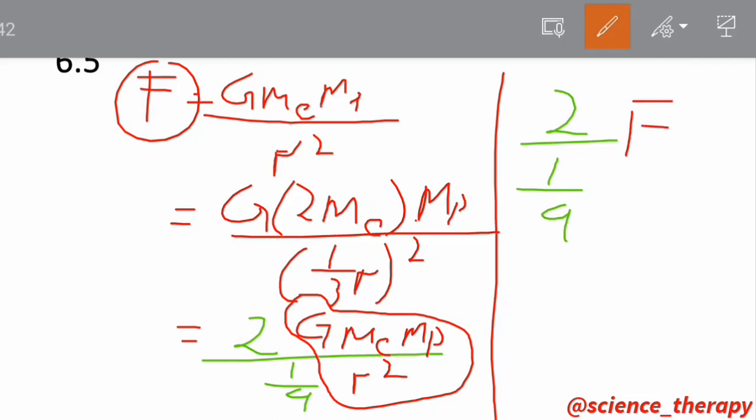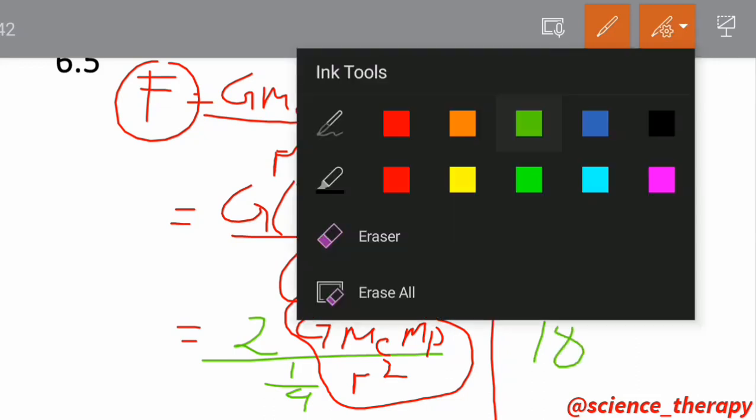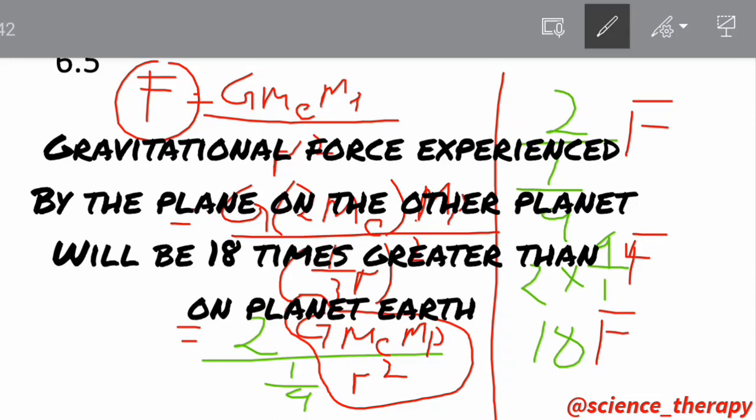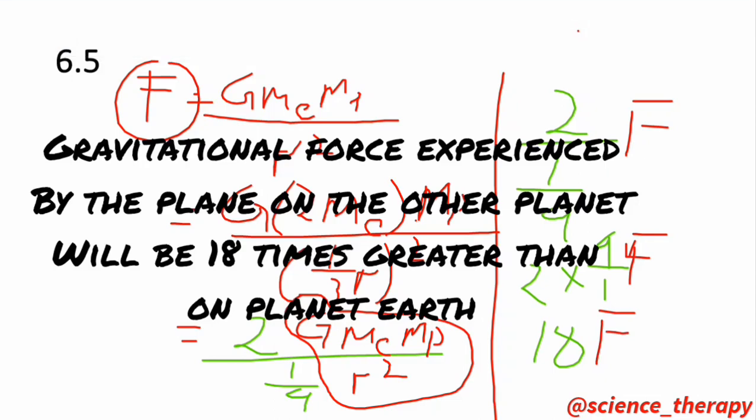So if we just deal with this, we know that here we have 2 times 9/1, and then F, right? So remember, we can just do the reciprocal for that. Then 2 times 9 will give us 18. So our solution is 18F. So that means whatever force that you have will be 18 times larger, right?